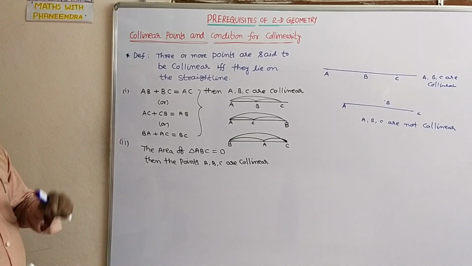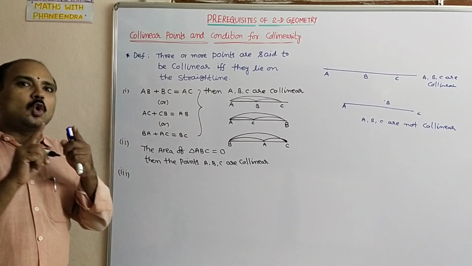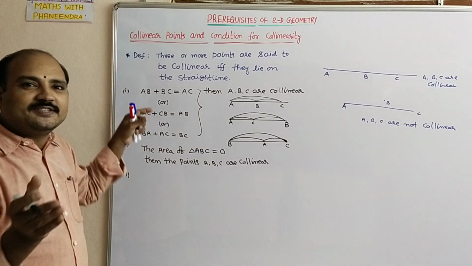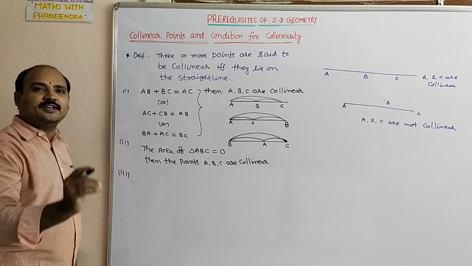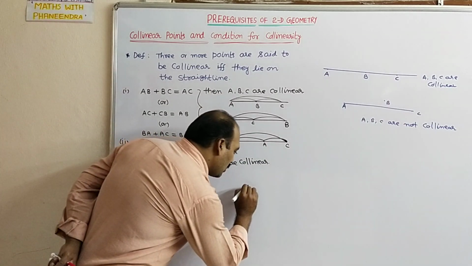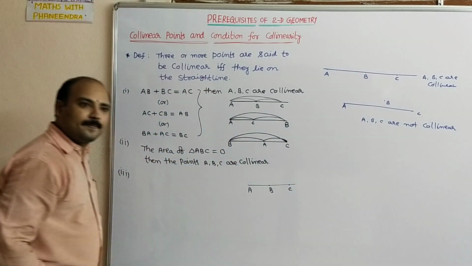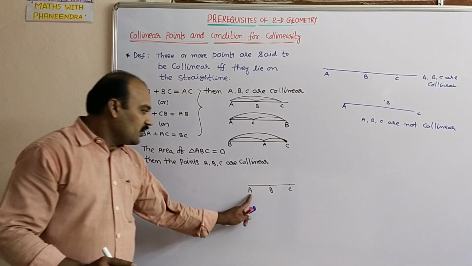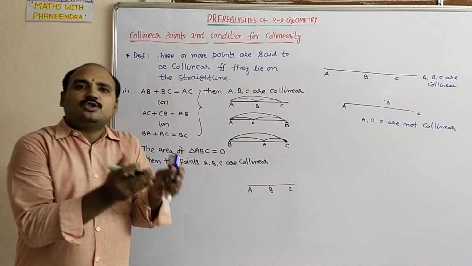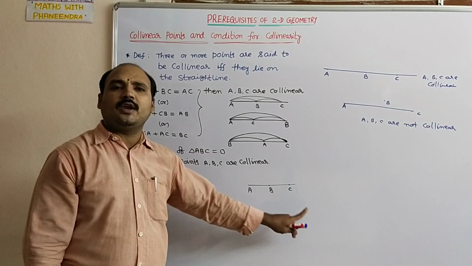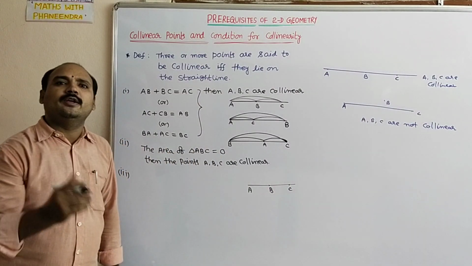Not only these two, but also the third one. Third one is related to the slopes. First one is related to the distance between them. Second one is related to the area concept. Third one is related to the slopes. See here, if you draw the figure like this, A, B, C. Find out the slope of AB, BC and AC. If all the slopes are equal or any two slopes are equal, then we can say that the given points are collinear.